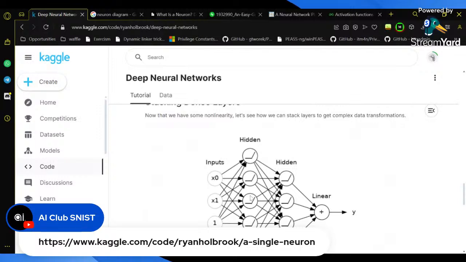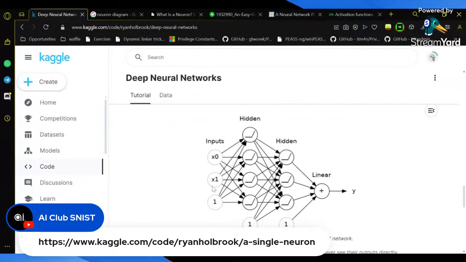In our previous notebook, I told you that it's a sequential model. Each layer is connected to the next layer. How are they connected? They are connected in this way.